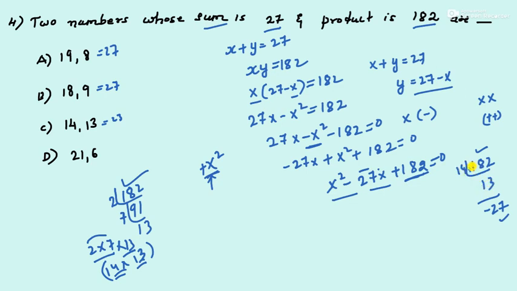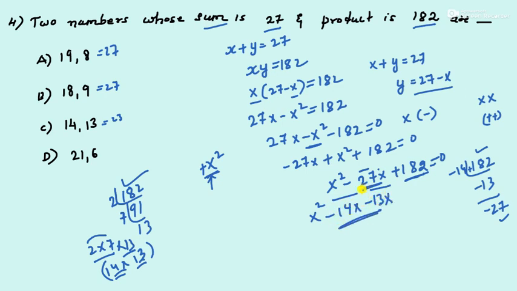But when you multiply you should get plus, and when you add you should get minus 27. So keep them both as minus. So minus into minus is plus 182, that is right, and minus of minus is minus 27, this is also right. Now substitute, split this middle term, so that can be written as 14x minus 13x.